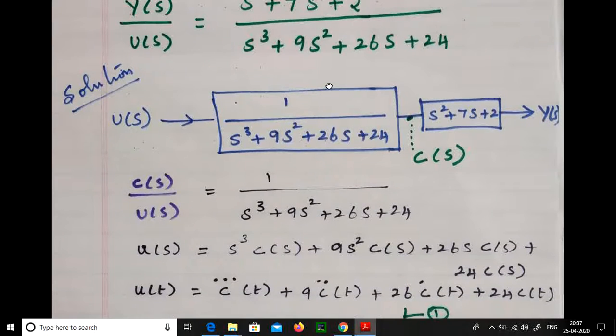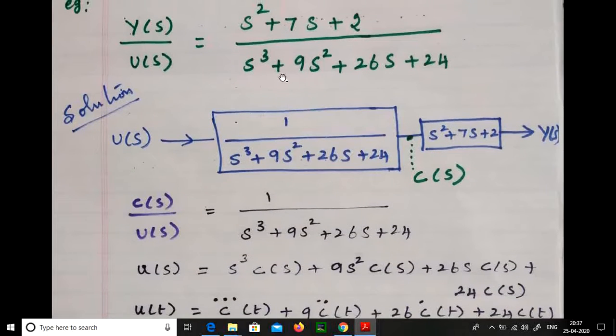Now I am going to represent the given transfer function in the form of a block diagram. Here Y of s is considered as output, U of s is input. In the block diagram I am going to split this given transfer function into two different blocks.